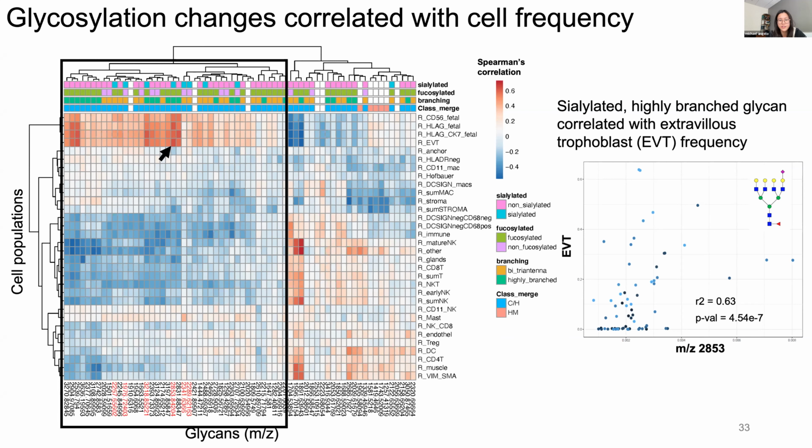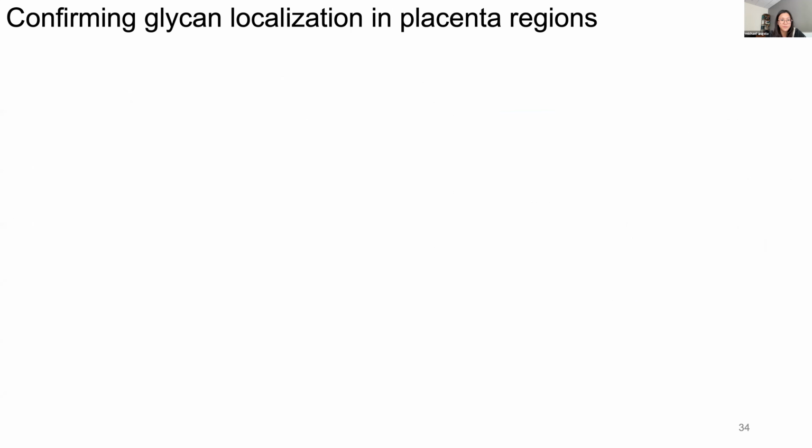In this scatter plot, the extravillous trophoblast frequency is on the y-axis and glycan intensity on the x-axis. Each point is a patient, and you can see that this glycan correlated significantly with EVTs, suggesting that the trend that we saw in highly branched structures could be driven by extravillous trophoblast populations.